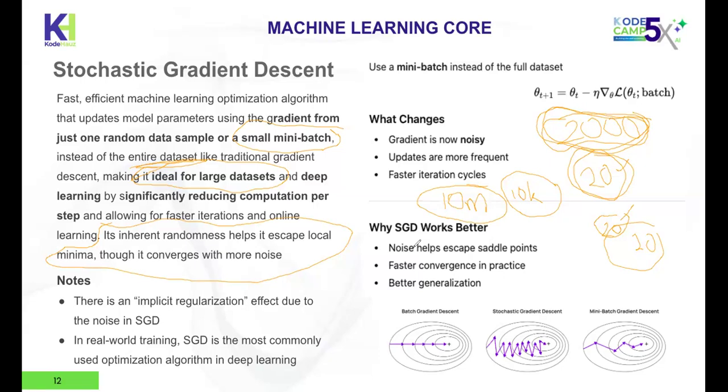So when you do your training, your model will have some noise. Let's say you take the first 10,000 and you train. Then your model goes in a particular direction based on the loss calculated for that 10,000. Then in the next iteration, you take a different 10,000.